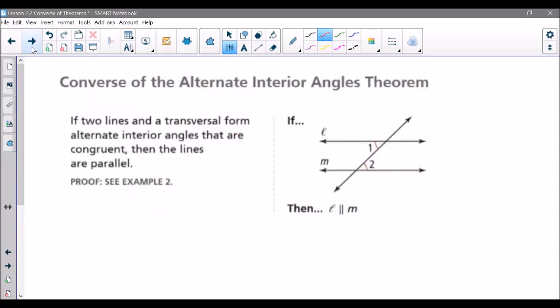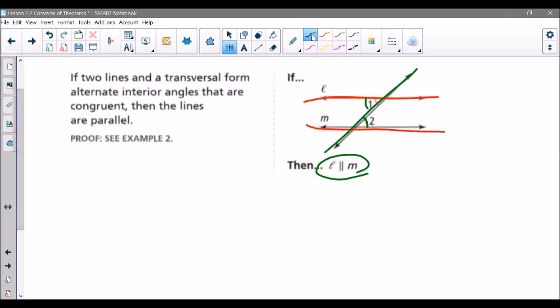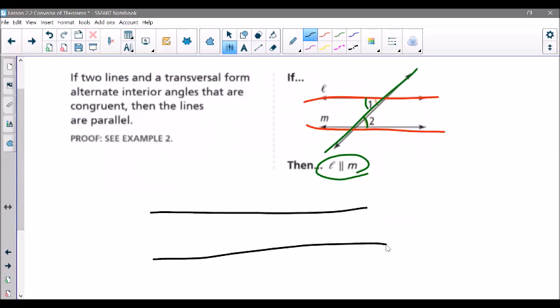So the converse of the alternate interior angles. Again, if we have two lines, L and M, and they're cut by some transversal, if we get angle 1 and angle 2, those alternate interior angles, and those two angles end up being congruent, the same size, then we know L is parallel to M. Keep in mind yesterday we said if it was given that these lines were parallel and cut by a transversal, then angles 1 and 2 are congruent.